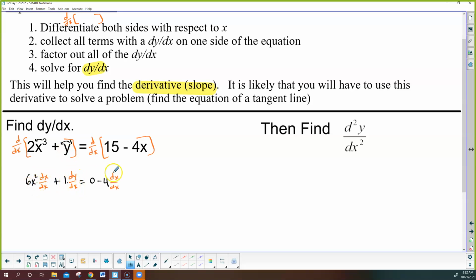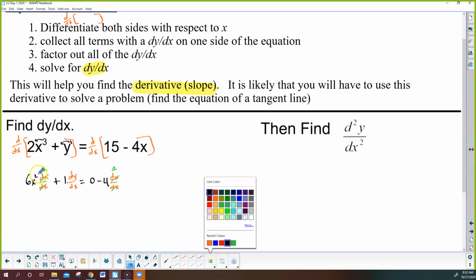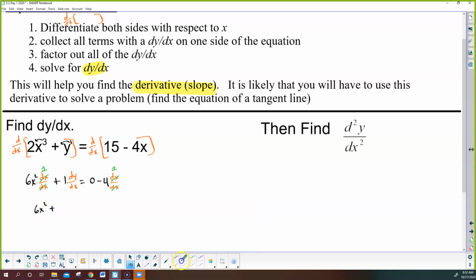Well, now that I have everything written out, I say dx over dx is just going to turn into 1. That's going to reduce out. So any spot I have a dx/dx, that turns into 1, which shows you that when you really get good at this, you don't have to write those. But what's left over then? x squared plus, we usually don't write the 1, dy/dx minus 4.